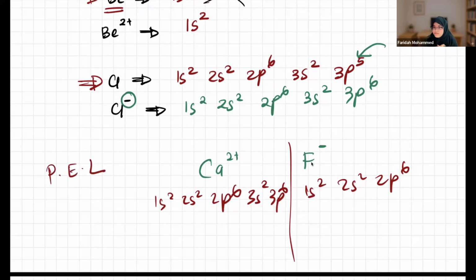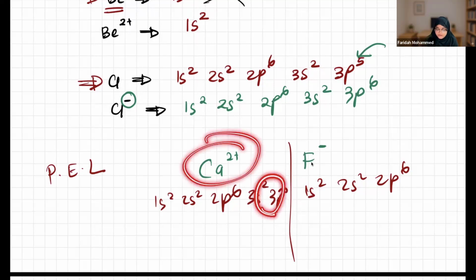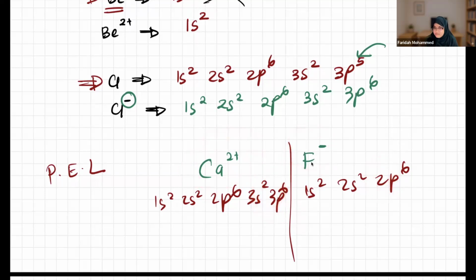If you want to sound fancy, you can use principal energy level. It doesn't matter, you can use shell as well. So calcium has 3 principal energy levels compared to fluoride, which only has 2. That's why calcium is bigger than fluoride. Simple as that.